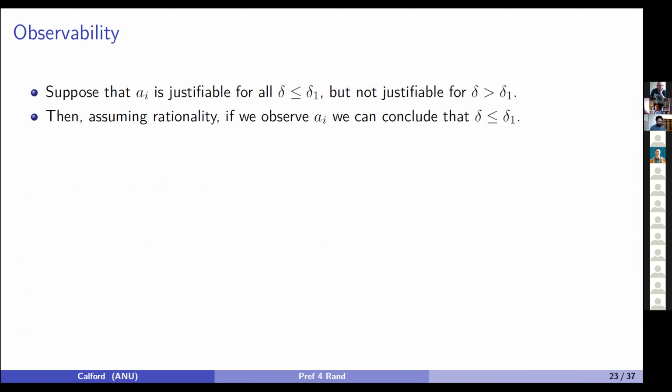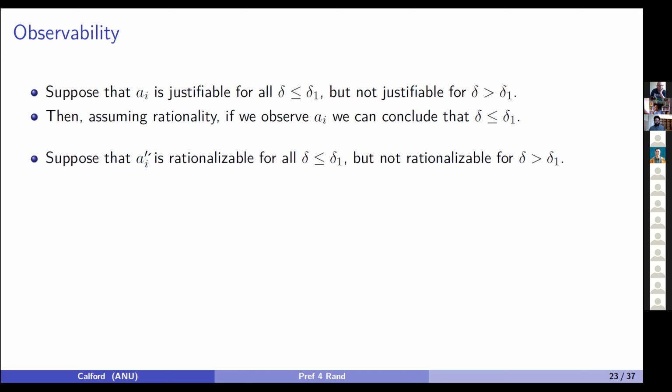The caveat here is that we're assuming rationality, meaning you're rational with respect to these preferences. If that is true, then if I see you play A_i, I know your preference randomization must be below the threshold.